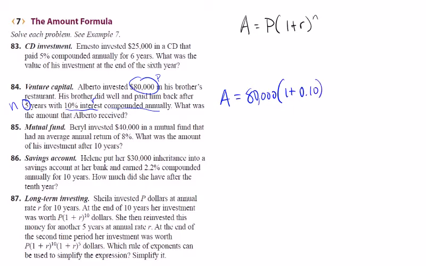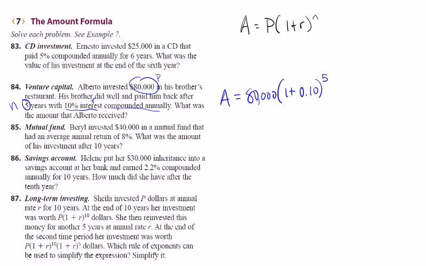You don't need the 0 at the end, nor the 0 in the front, for that matter, but just to show that's 10% as a decimal. And then our exponent is 5. With your graphing calculators, you can plug this straight into your calculator just like that, and that's fine with me if you do that.